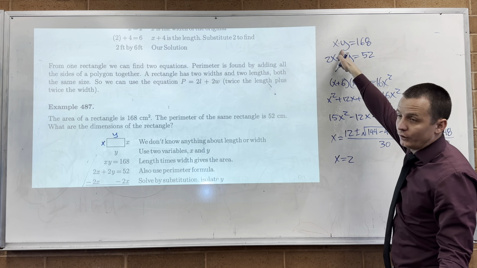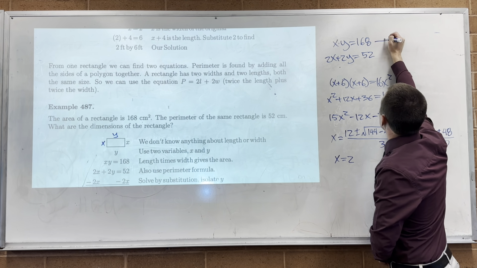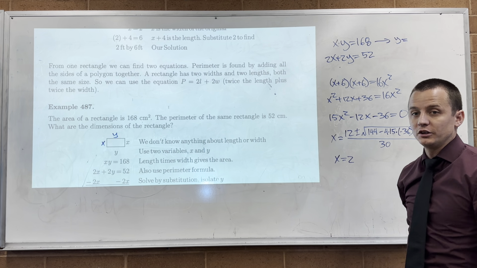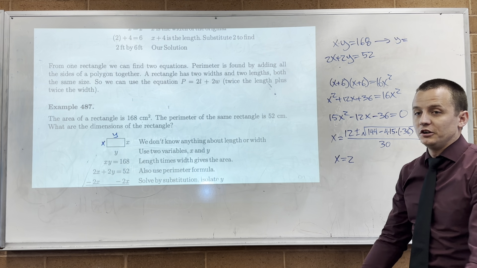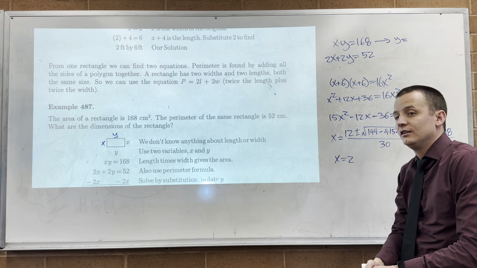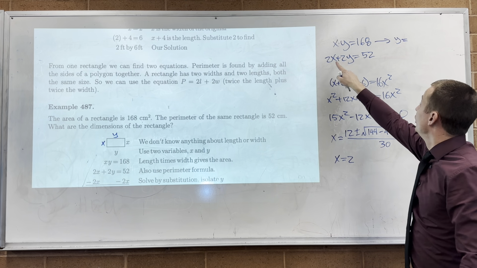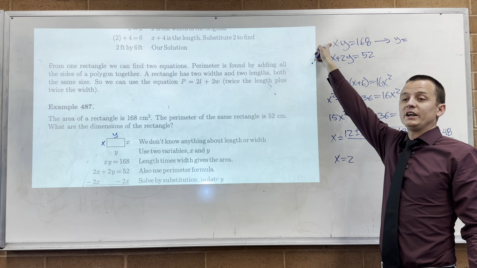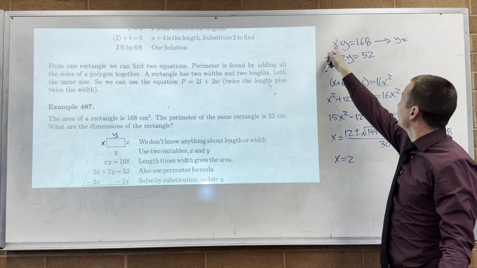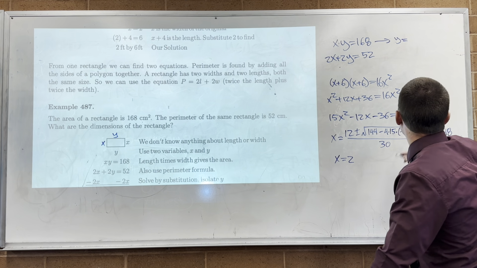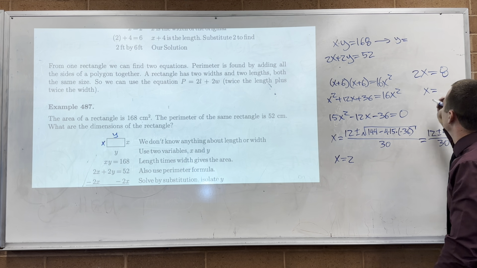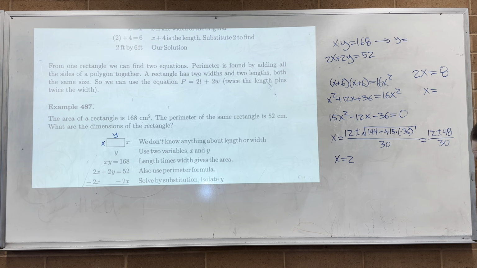I'll take this and I'll solve for y. So from this equation, I get y is equal to what? How do I get y by itself? We're looking at the top equation here. If I know that 2x is equal to 8, what does x equal? 4.